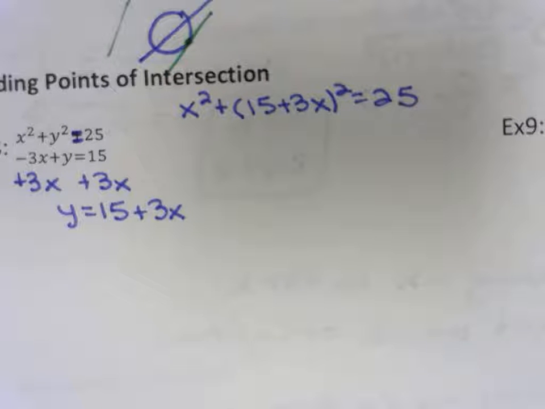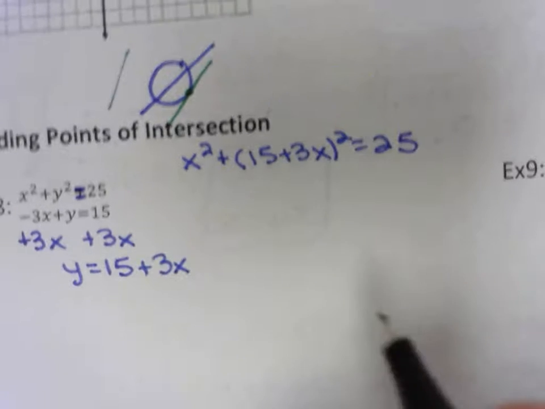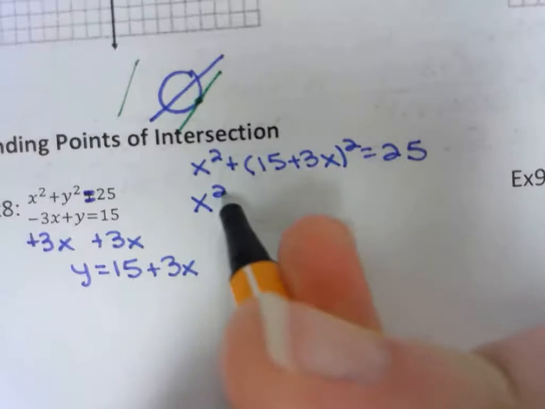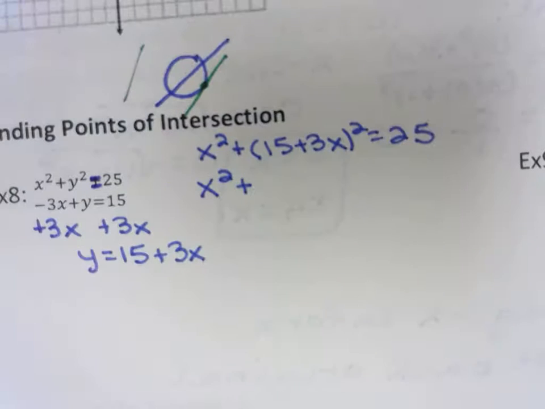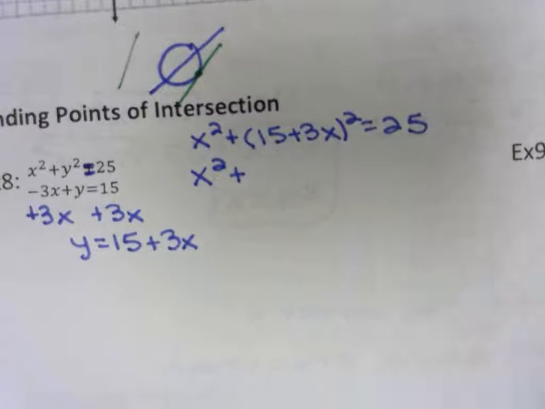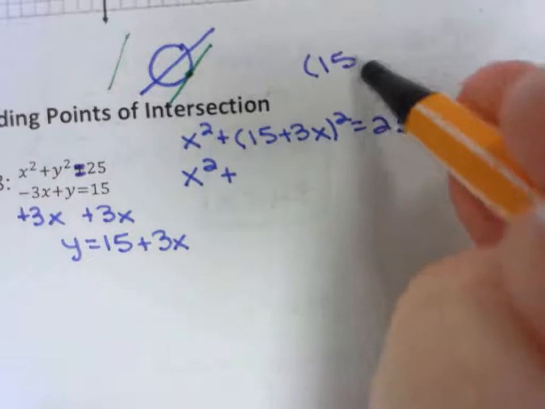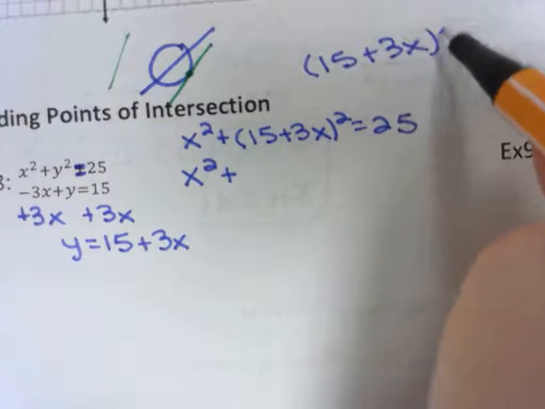And what do you notice? If I'm trying to solve this for x, I should have an equation with just x. I'm going to have to do what here? FOIL, do all that stuff. So let's FOIL real quick. So I'm going to have x squared plus, we're going to FOIL 15 plus 3x. If you need to write it out up here to think FOIL, that's fine, I don't care.